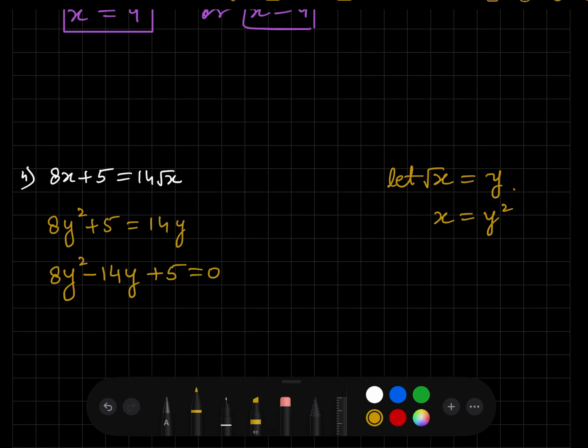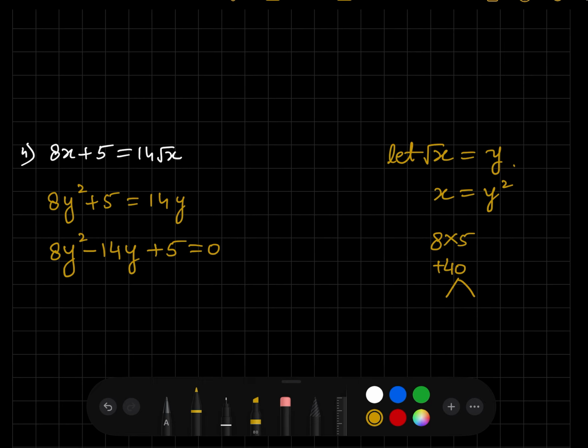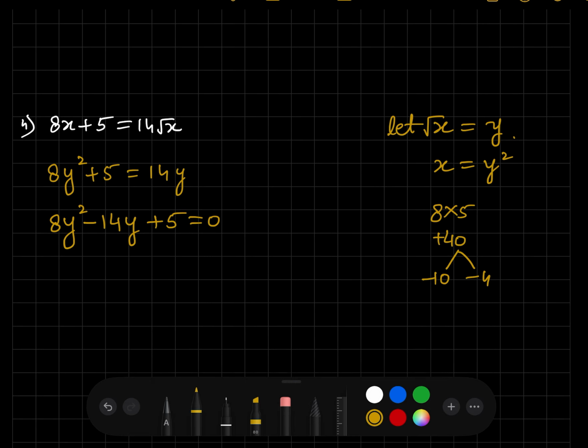So now since the coefficient of y square is not 1, I will be multiplying 8 by 5, which is 40, and then branch it out. Plus 40, so branch it out. Okay, so 10 fours are 40. So negative 10, negative 4 when multiplied would give me positive 40, and negative 10, negative 4 when added would give me negative 14.